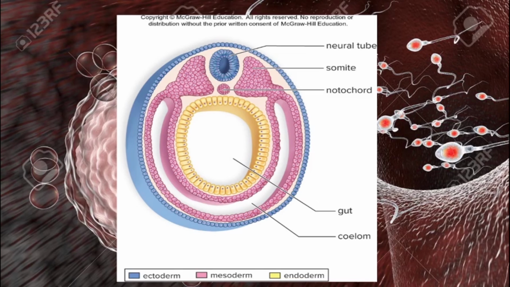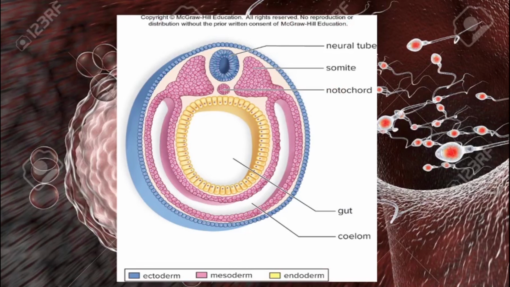And besides that, the primitive gut here, as you can see, is actually the result of the expanding of the endoderm, which causes a space here which is called the gut. What these somites do, actually, they are populations of cells that give rise to important structures, such as dermis, the skeletal muscle, the cartilage, bones, and tendons.